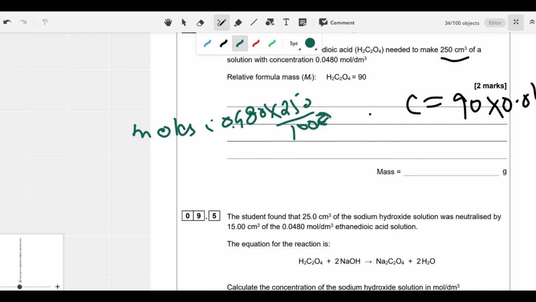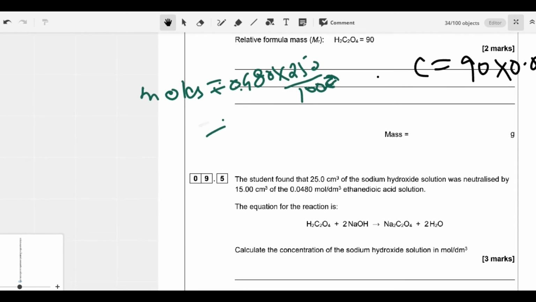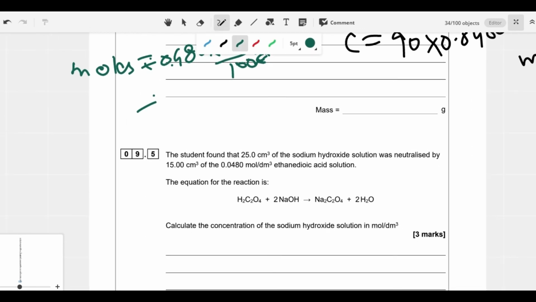So that is equal to 0.012, that is the moles.